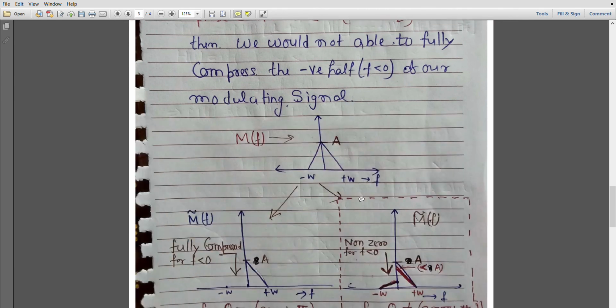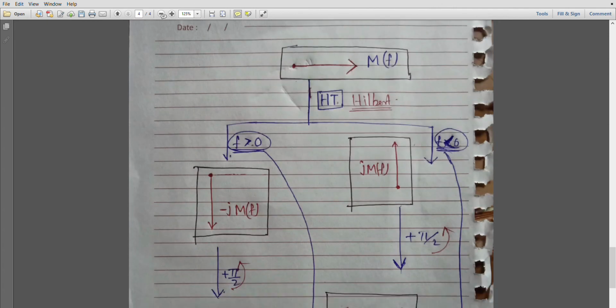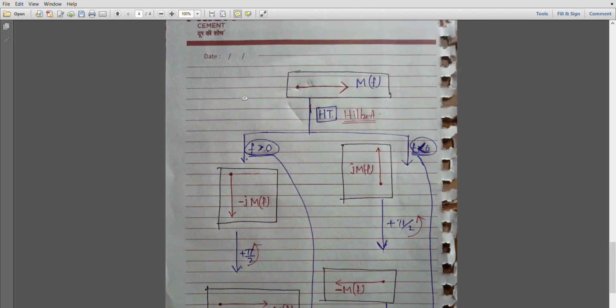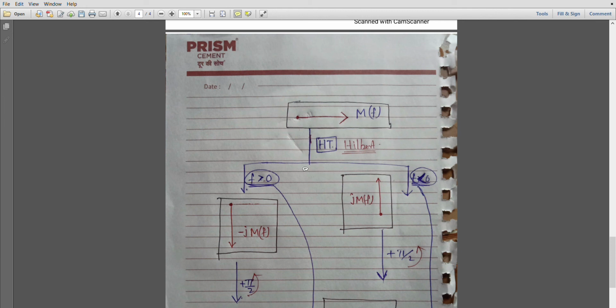And at the end, I just want to show something. Suppose this is M f, the frequency response of our signal. Taking the Hilbert transform is nothing but rotating the frequency components by plus or minus pi by 2.